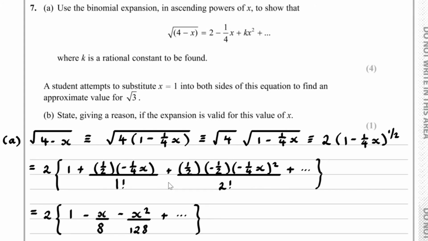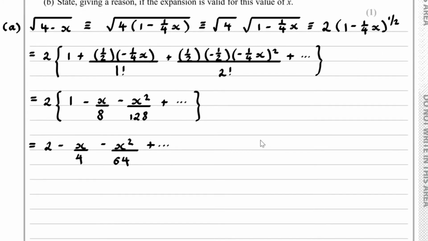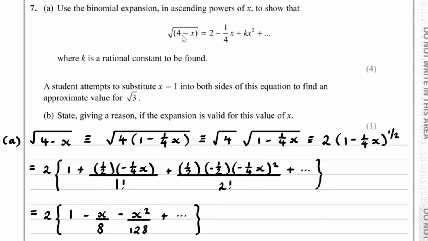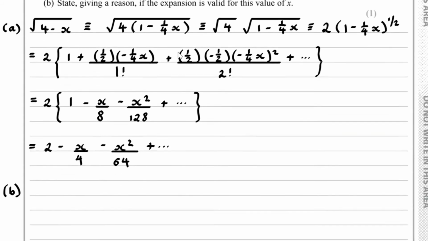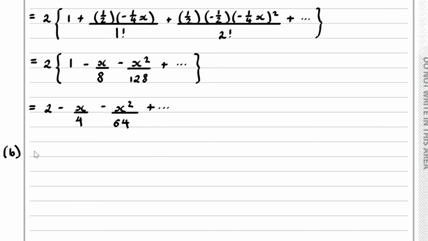Now, for the next part of the question, a student attempts to substitute x equals 1 into both sides of the equation to find an approximate value for root 3. We have to state, giving a reason, if the expansion is valid for this value of x. Well, for part B, if we take a look at our expansion, we would have 4 minus x equals 0, so therefore x is equal to 4.